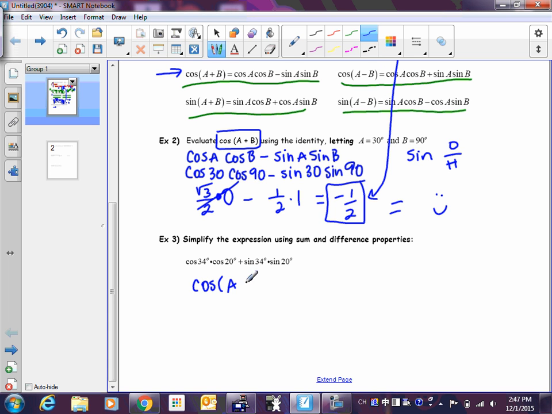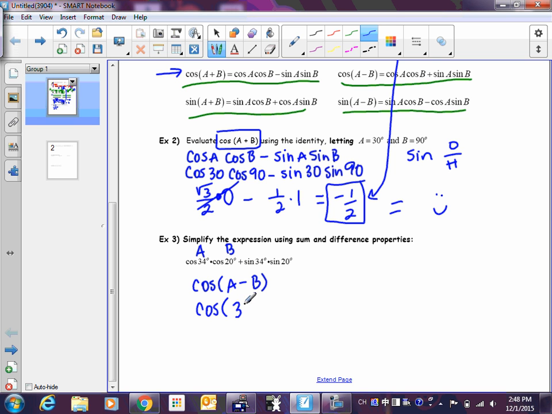I'm not going to try to keep everything in my head and then write it all down at the end. I'm just going to write down what I'm thinking. Now in this case, what number is A? 34. And what number is B? 20. Now that's always the case where the very first number you see is A and the second number is B. Okay, you can see that in the formulas, it works out that way. So let's plug that in.